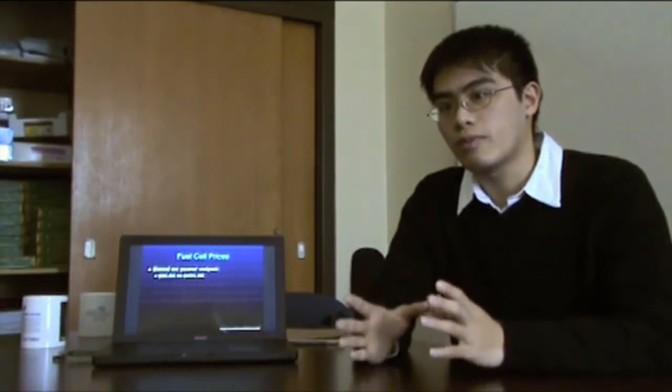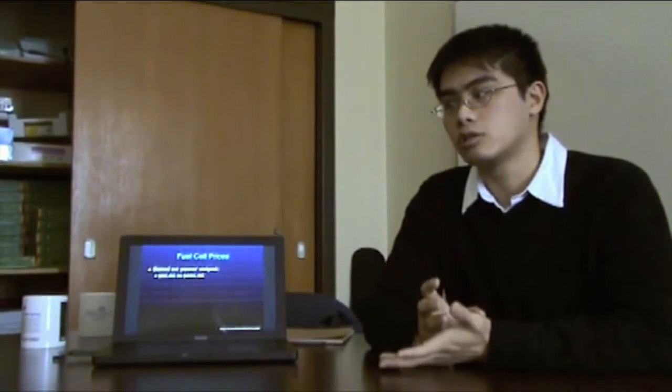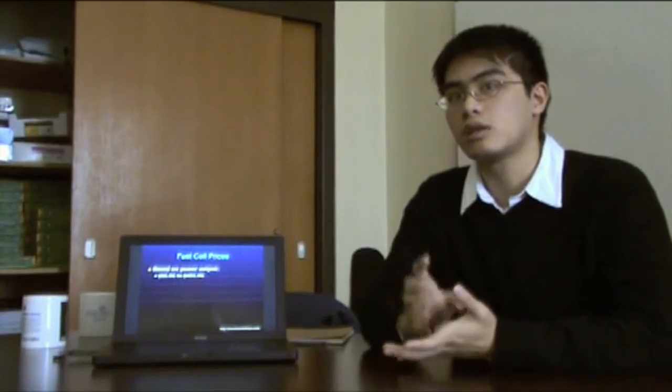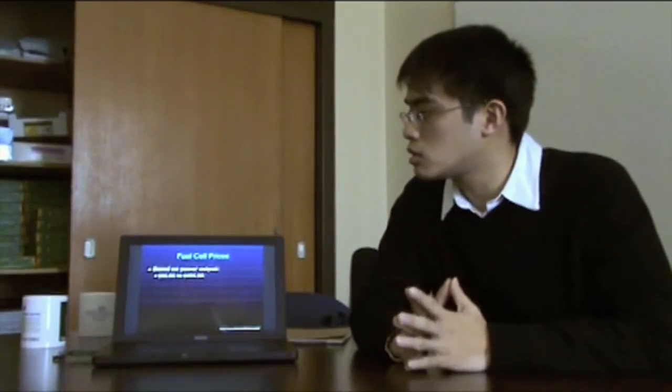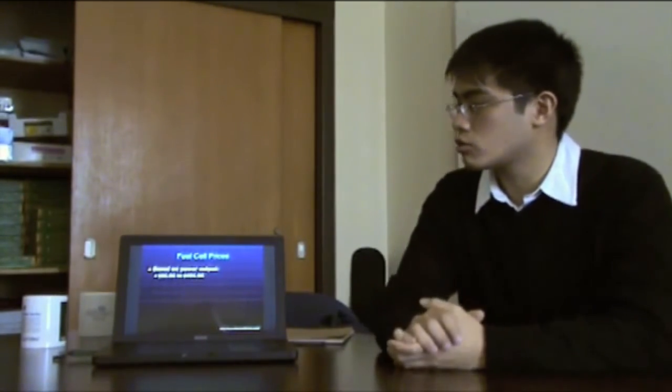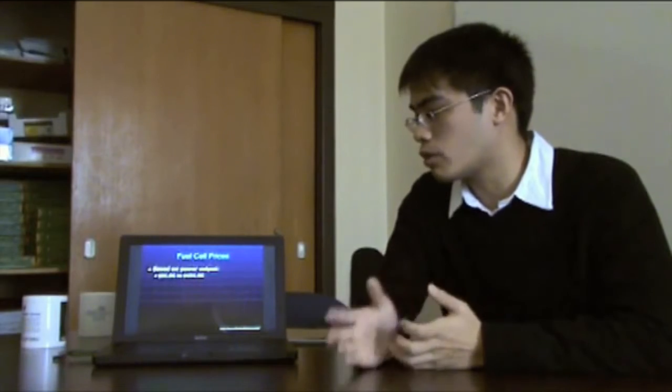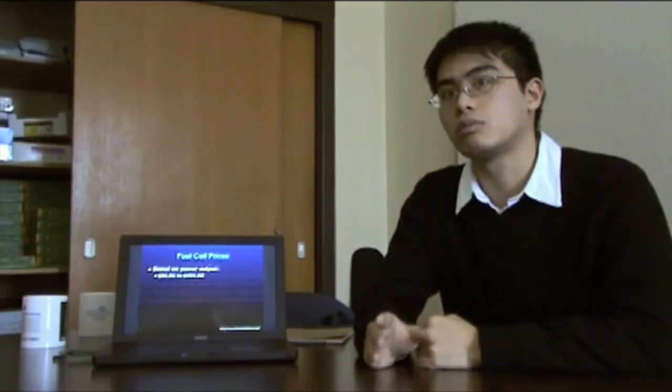That is a single cell that produces about 200 milliwatts of power and runs on air and hydrogen. They do have one that runs on pure oxygen and hydrogen, but it's slightly cheaper, I would say $83, but I don't know if you guys want to use that. But it's around the range of $80-something. But the problem is the power output is really low. It's 200 milliwatts. I don't know how much we really need for our car.